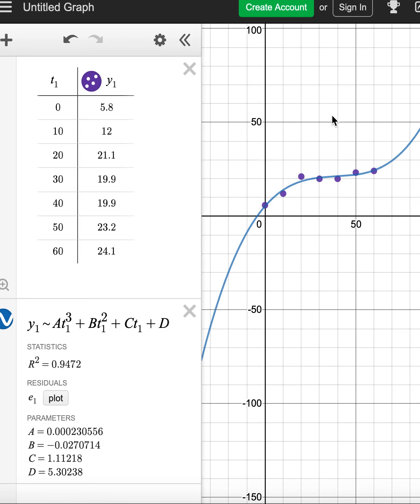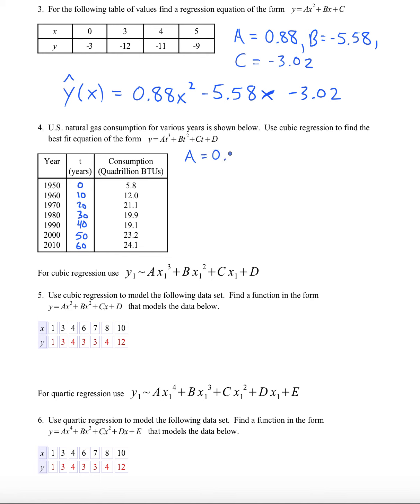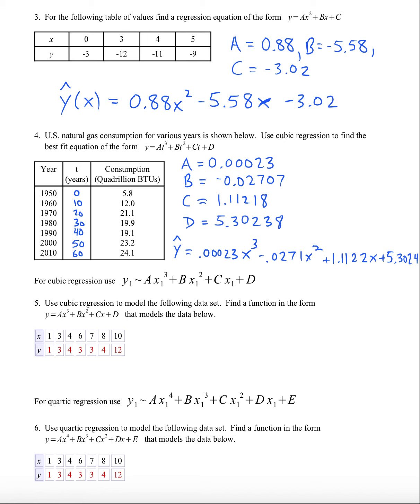And this cubic model seems like it's a little bit better fit. So let's copy down those constants. All right, we'll put them into the mathematical model now. There we go. Now we have a cubic model.